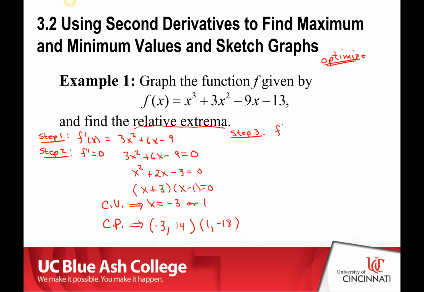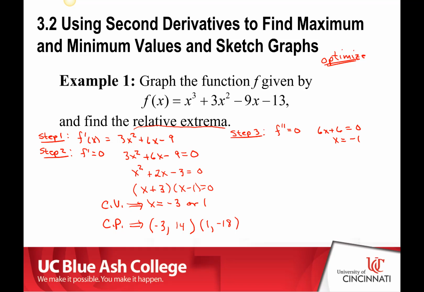I'm going to compute the second derivative and set it equal to 0. Well, the second derivative is going to be 6x plus 6 equals 0, which means x is negative 1.